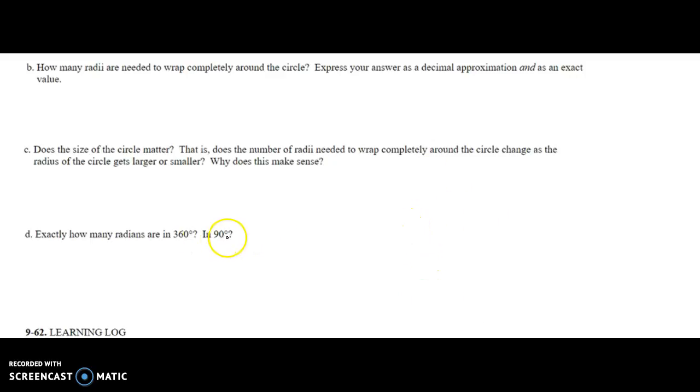So let's look at 90 degrees real quick as a class, and hopefully this will help you with different problems you may come across. If I have 90 degrees and I want to change that into radians, this is a unit conversion, so I'm going to multiply it by something that will help me eliminate the degrees. Let's multiply it by pi radians over 180 degrees. As we saw in the animation, 180 degrees is half a circle, which is also pi radians.